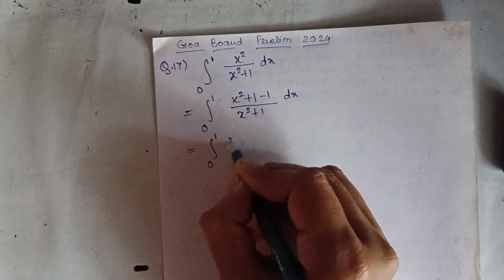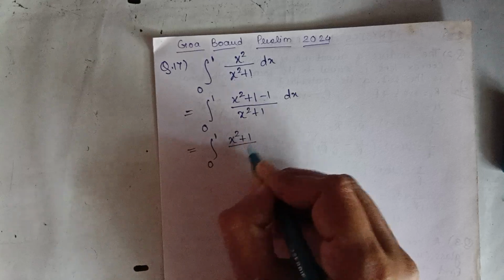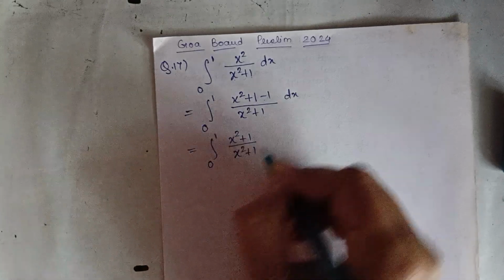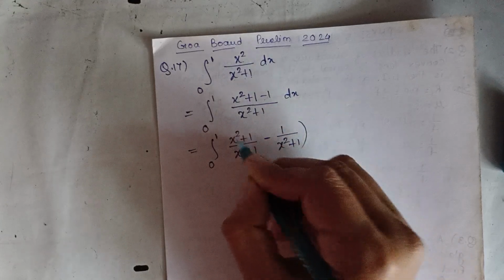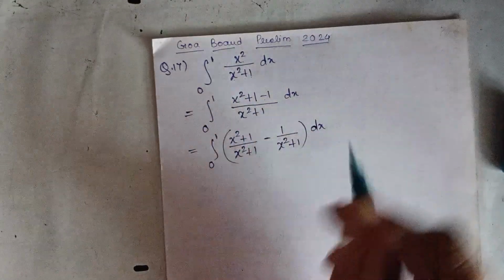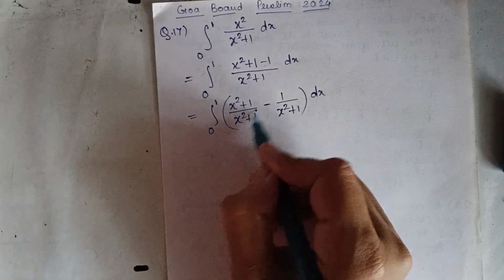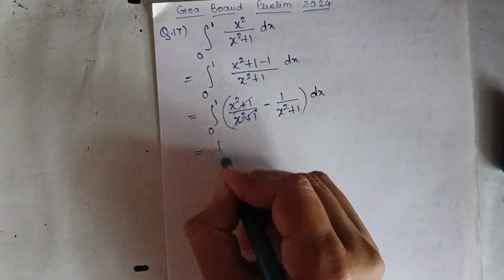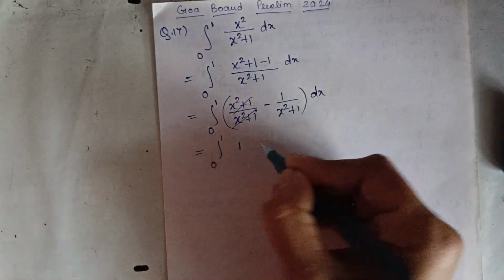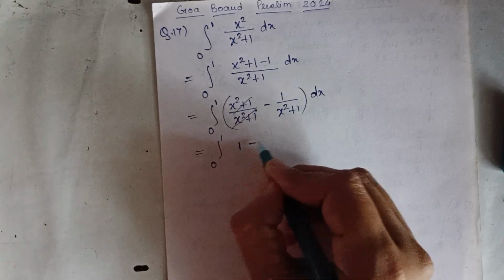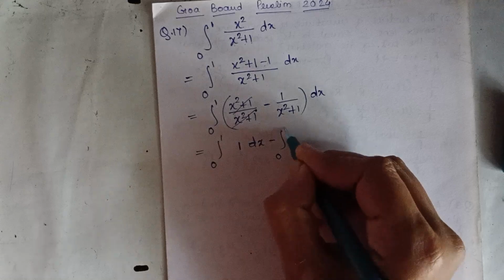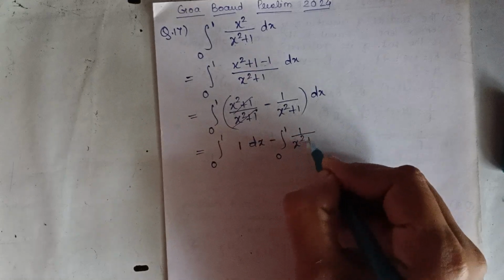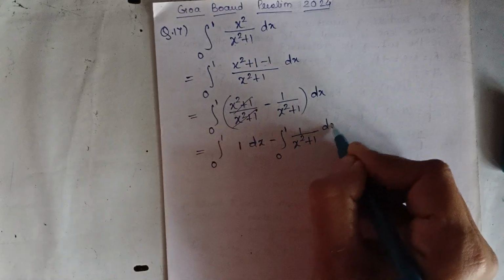So this is x square plus 1 divided by x square plus 1 minus 1 upon x square plus 1 dx. So here you will get 1 and here I'll write it dx minus integral 0 to 1 upon x square plus 1 dx.